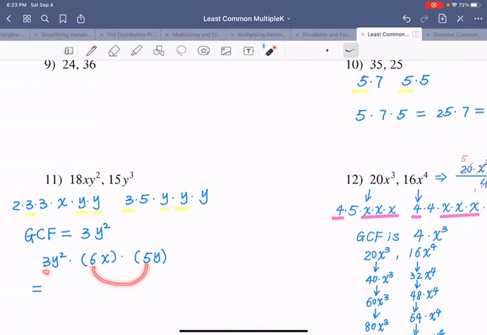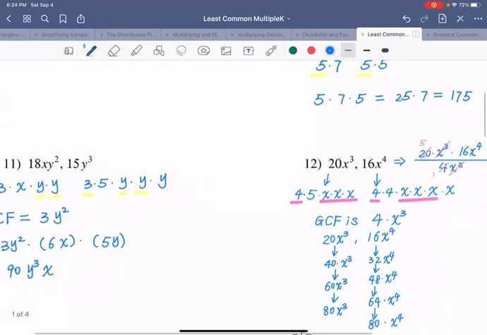Yes. And y times y squared is y cubed, right? There you go. Yes, very good. And then x, just x. There you go. Perfect. Good job. I like it.